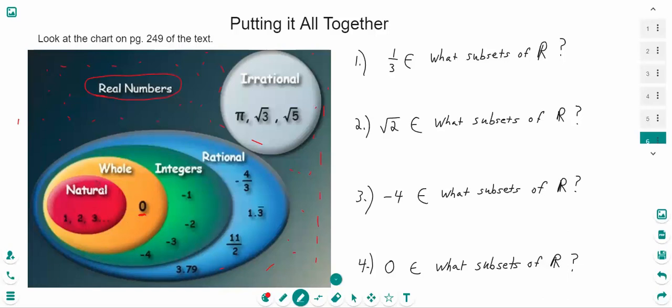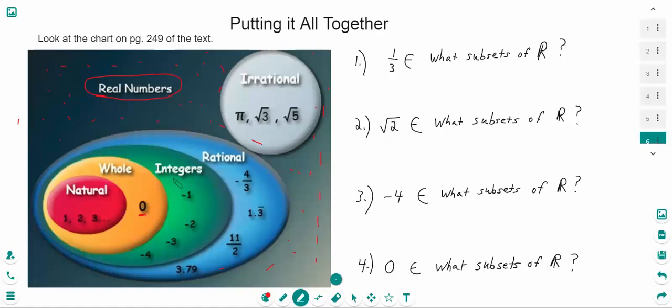So do you see how the natural numbers are all a subset of the whole numbers? They are contained within the whole numbers. Okay? In like manner, the whole numbers are a subset of the integers, this green circle here. The integers contain the whole numbers. All right? So you could say that natural numbers are contained in the whole numbers, which are contained in the integers.